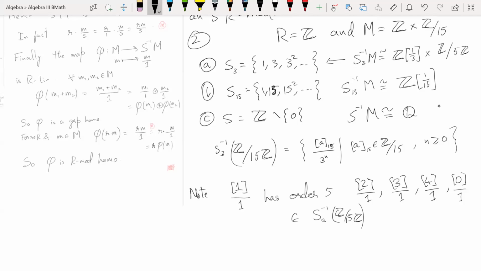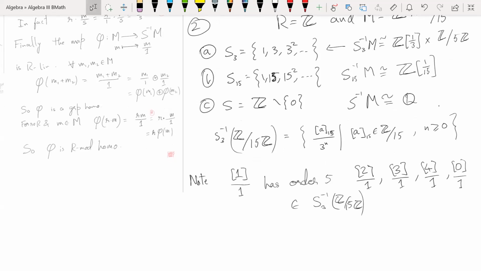So for instance, for 1 over 1 and 2 over 1 to be the same, there should be some power of 3 such that that times 1 is 0 in Z mod 15, but that can't happen. No multiple of 3 and some number different from 5, less than 5, can be a multiple of 15. So they are all distinct elements of this thing.